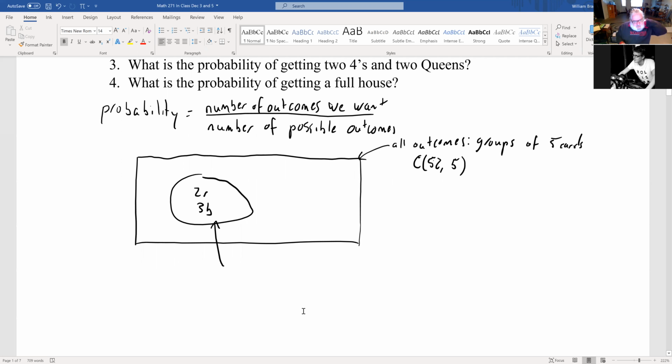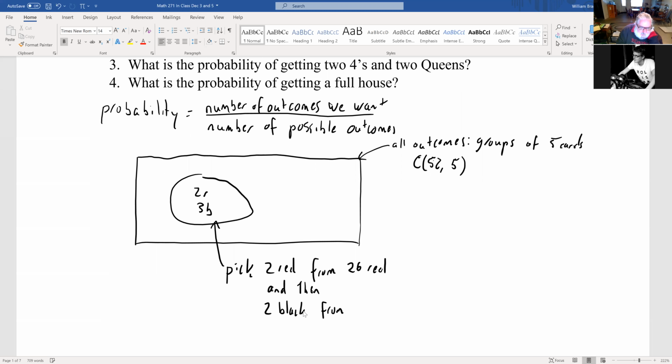Usually thinking about cards as a sequence of things, we want to pick 2 red from the 26 red cards, and then 3 black from the 26 black cards. So how do we pick 2 red out of 26? Well, that's C(26,2).